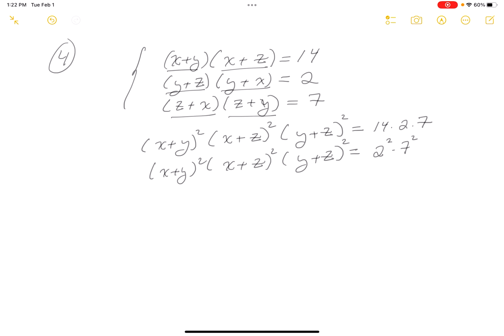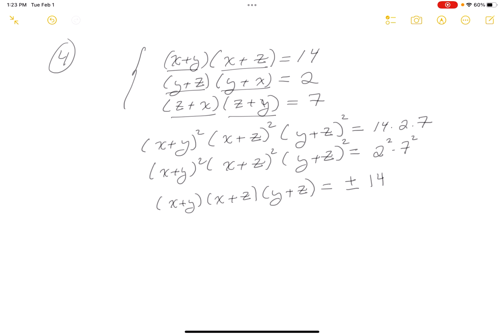And I got a problem over here, and I got to make sure I understand the problem. And so I'm using the square root rule, and this is going to be (x plus y)(x plus z)(y plus z) is going to be equal to plus or minus 2 times 7, which is 14.